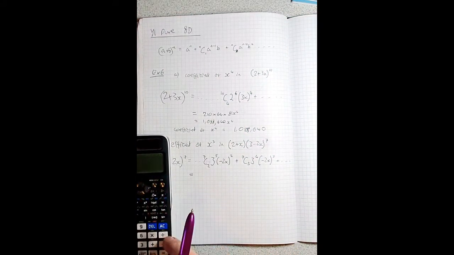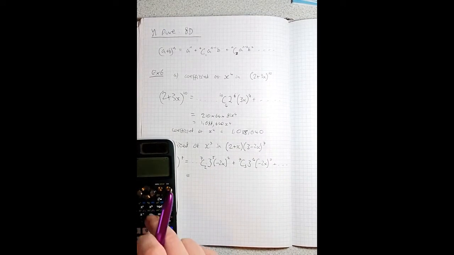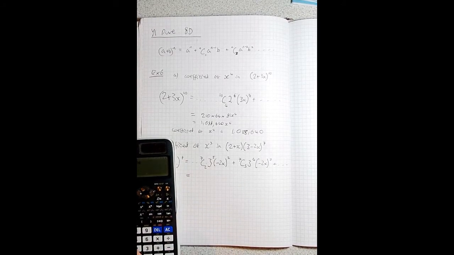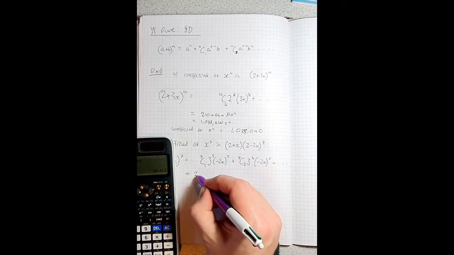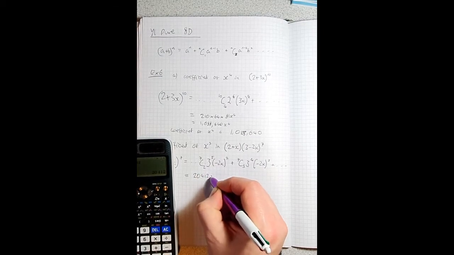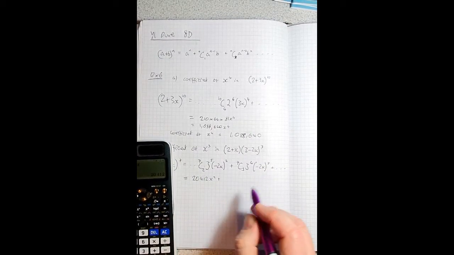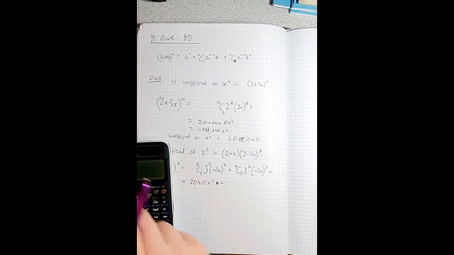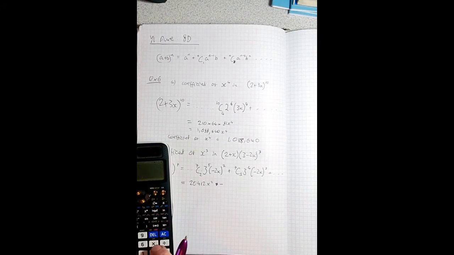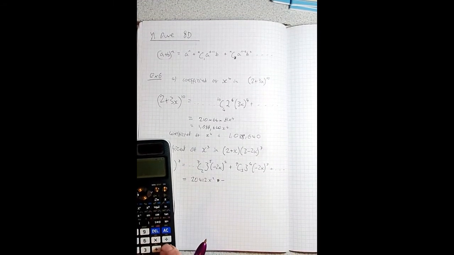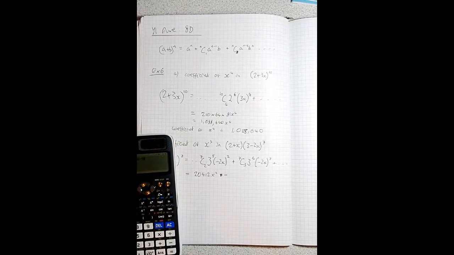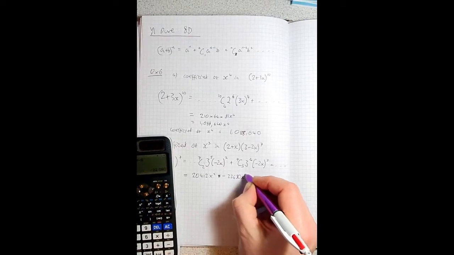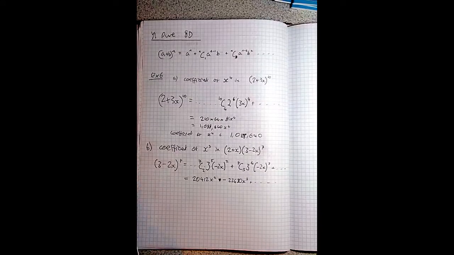So 7C2 times 3^5 times 2 squared: 20412x^2, plus, this is going to be a negative term, minus 7C3 multiplied by 3^4 multiplied by minus 8, minus 22680x^3, plus and so on.